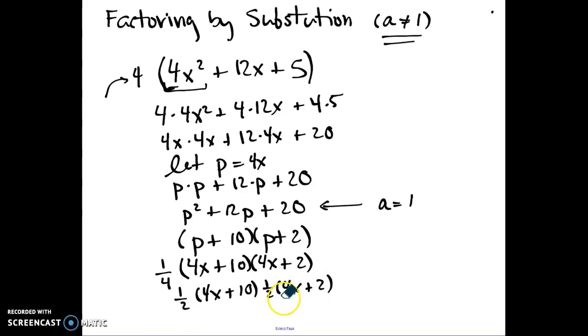Multiplying 1/2 times 1/2 gives me 1/4, and by writing it out that way, I see 2x plus 5 times 2x plus 1. This way I have no fractions in my problem.